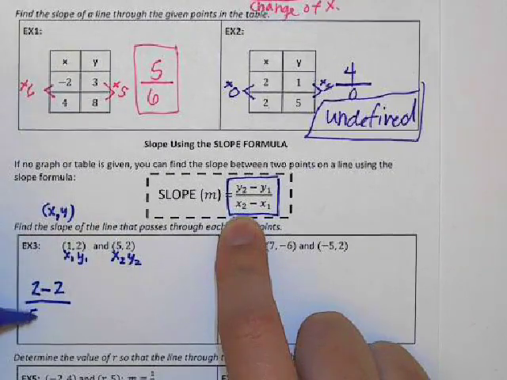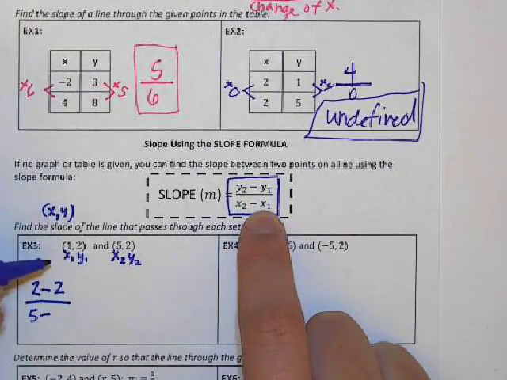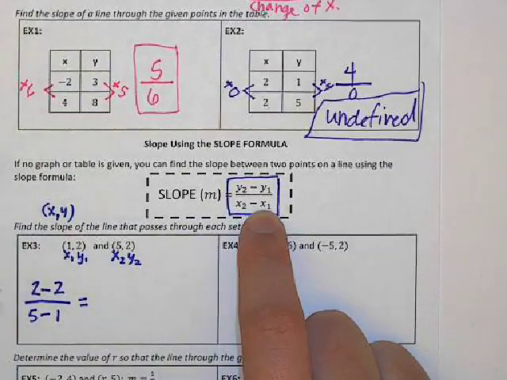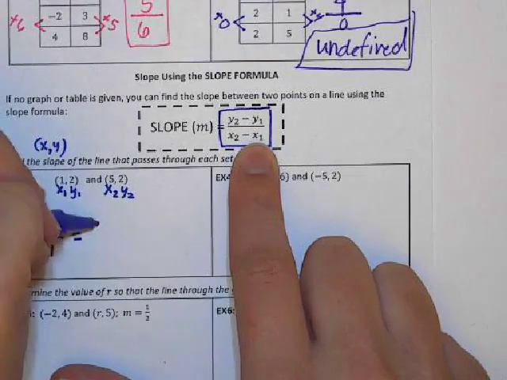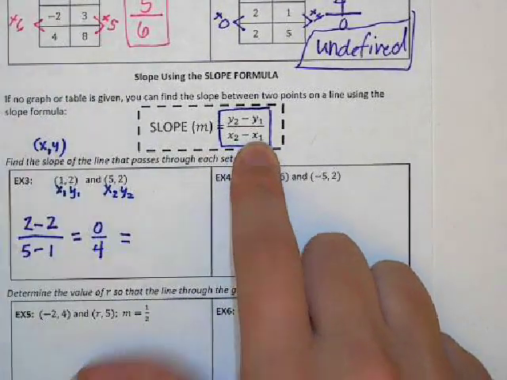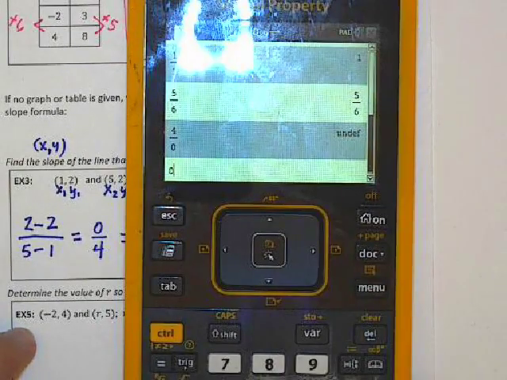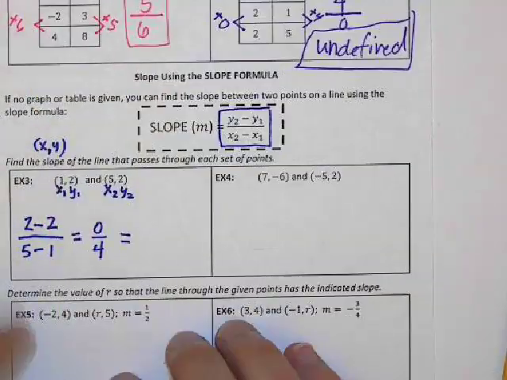Now my formula has a minus sign, so I need to write minus x1, which is 1. Okay, now let's do the math. 2 minus 2 is 0. 5 minus 1 is 4. Okay, 0 over 4. What's that reduced down to? 0.